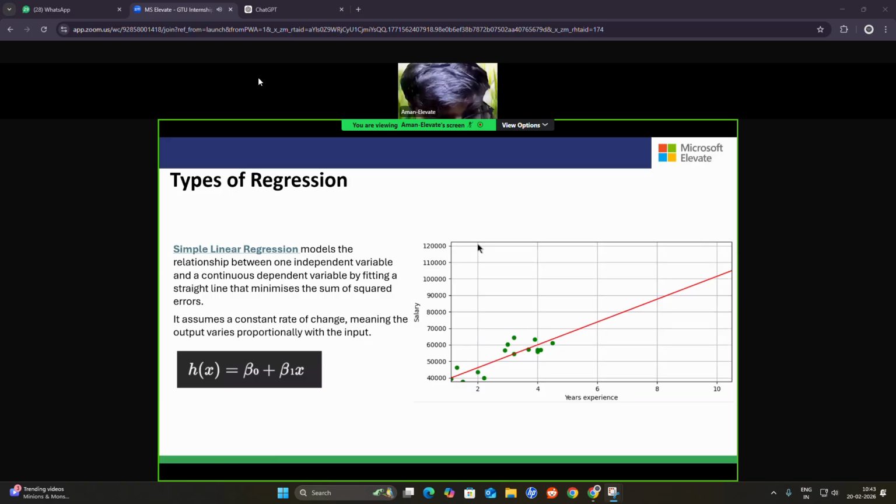Can you see the equation right here? h(x) is equal to beta naught plus beta 1 x. Okay, y is equal to mx. Is it the form of equation?